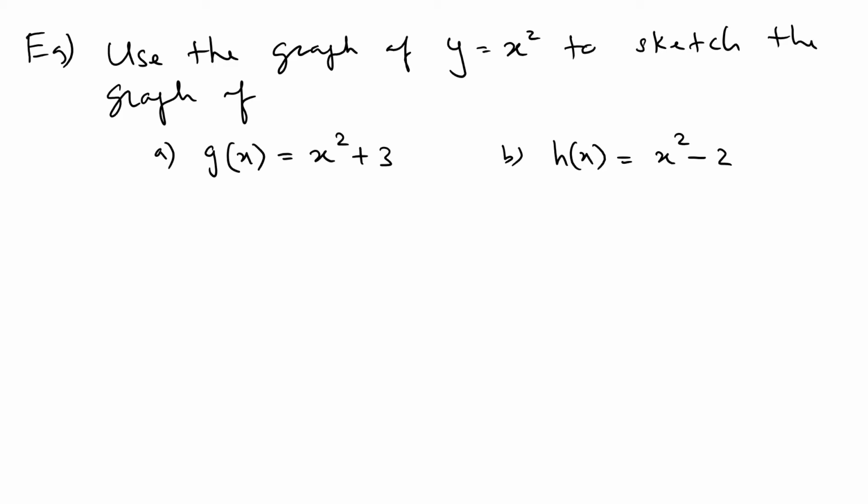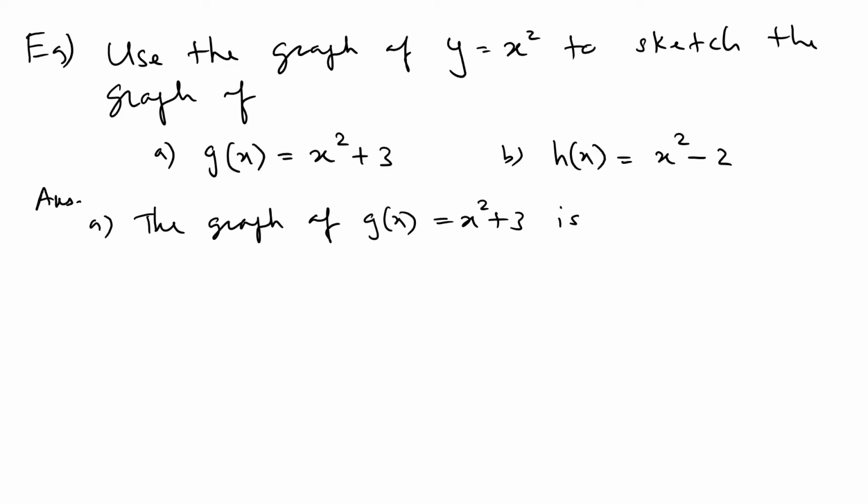So the graph of g(x) equal x squared plus 3 is the graph of y equal x squared shifted upward by 3 units.